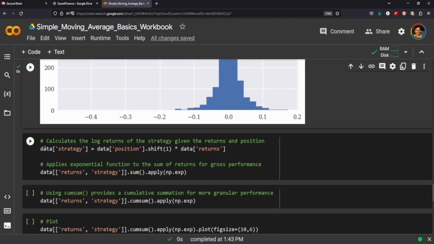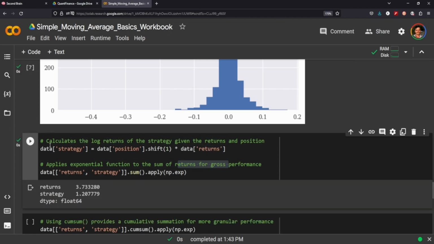We want to calculate the log returns of the strategy as a whole, and we do that by taking the position and multiplying it by the returns. Then we apply an exponential function to the sum of the returns in the strategy to get the gross performance.